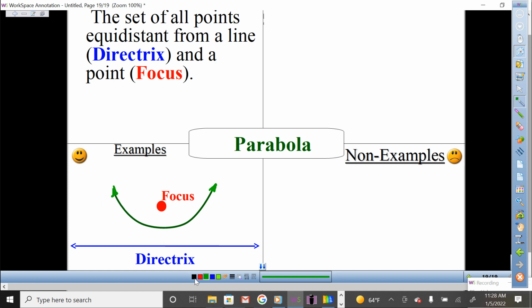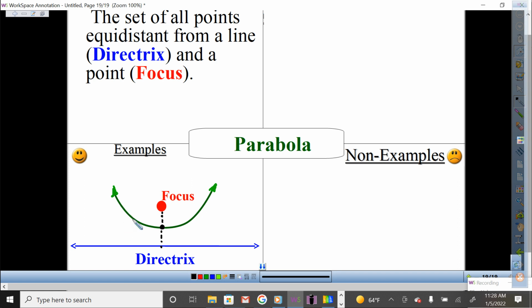So according to the definition, it says the set of all points equidistant from the directrix and the focus. So this curve is formed by placing infinite amount of points that are the same distance from here and here. So watch. The first point that's obvious between the directrix and the focus is right there, which means the distance from here to here is the same as the distance from here to there.